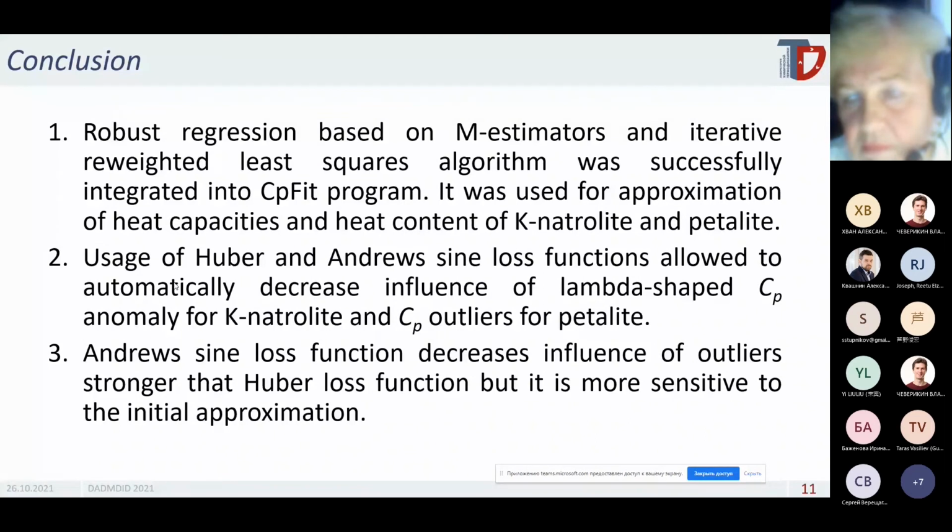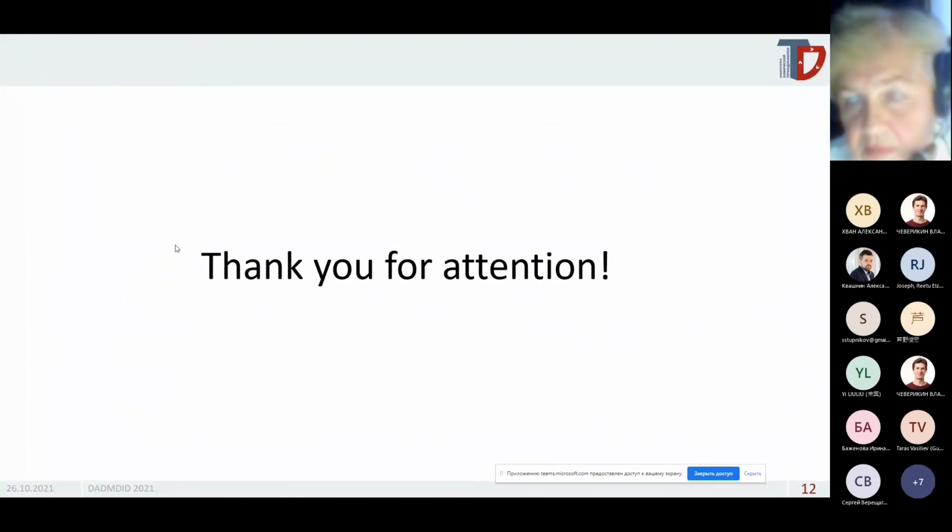Of course, robust regression can't replace a human expert, but it's a useful instrument.